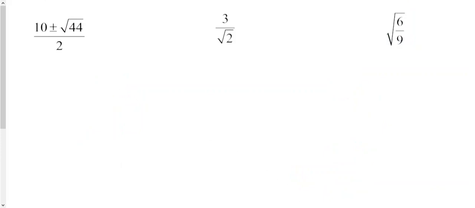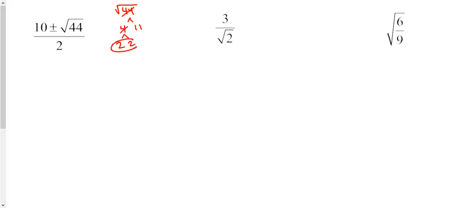Okay, so now we have 10 plus or minus square root of 44 all over 2. I'm first going to break down this square root of 44. And that's going to get broken down to 4 times 11. 4 is my perfect square of 2 times 2.